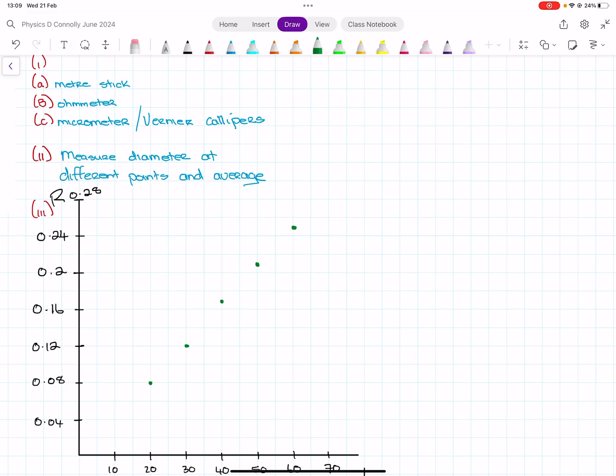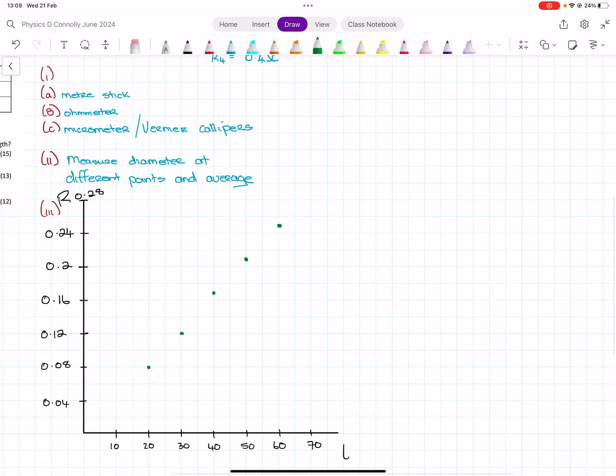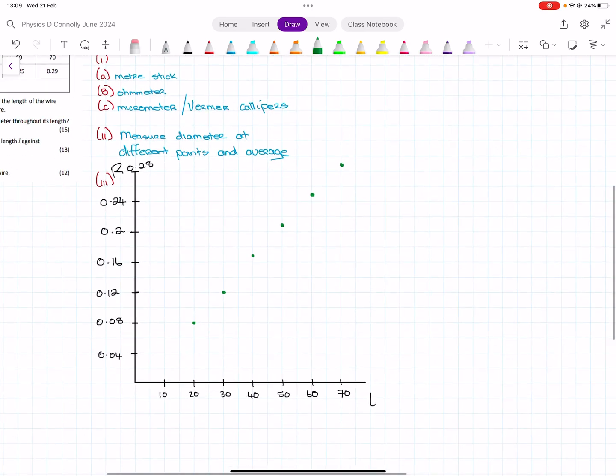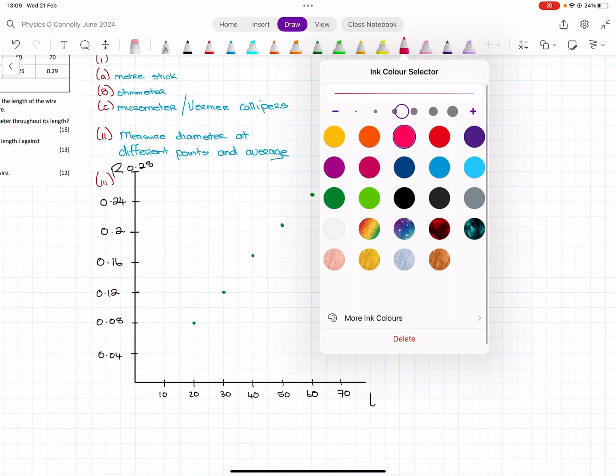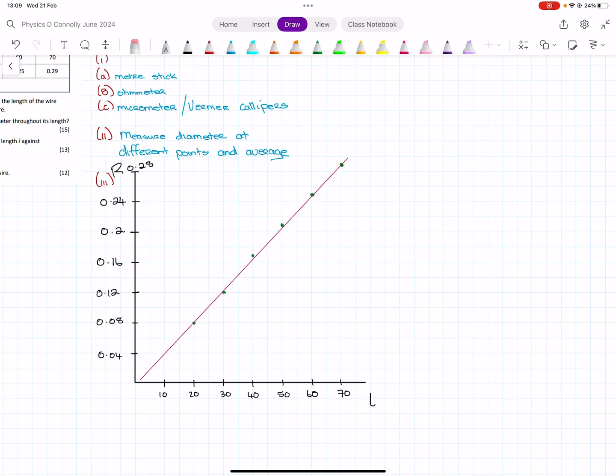And 70 is 0.29, so it's just going to be a little bit off the graph, but that's okay. Then we should be able to draw a nice line. Again, because it's ordinary level, it's like perfect data. We're very close to it.